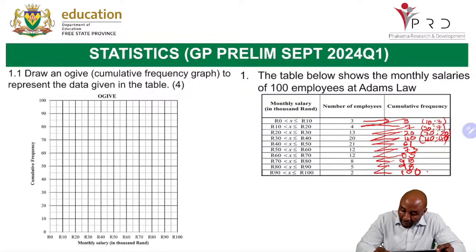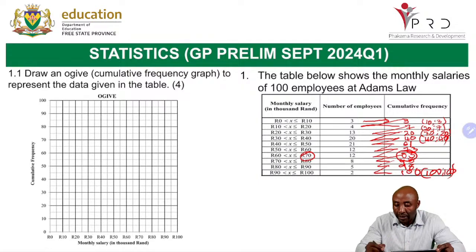And the last point will be 100 and 100. So these ones, whichever is the highest value here and the cumulative frequency there, those are the points that you must be plotting. So I'll suggest quickly do it on your table so that you know which points you are plotting.